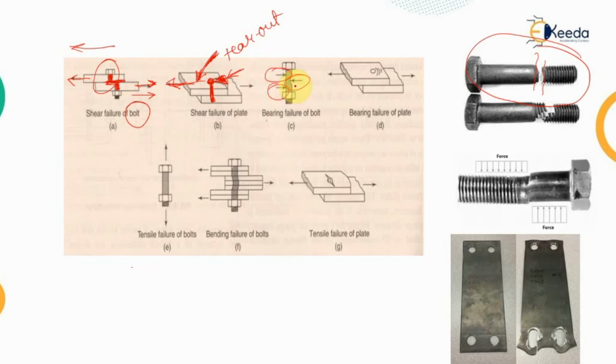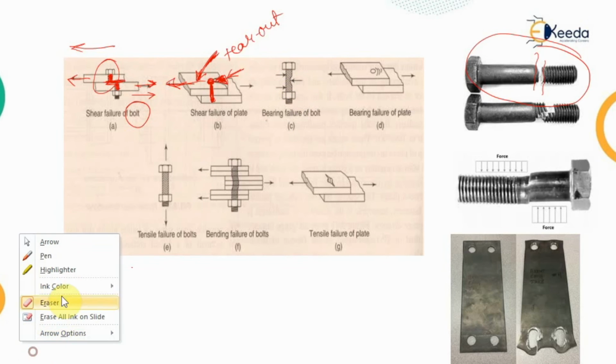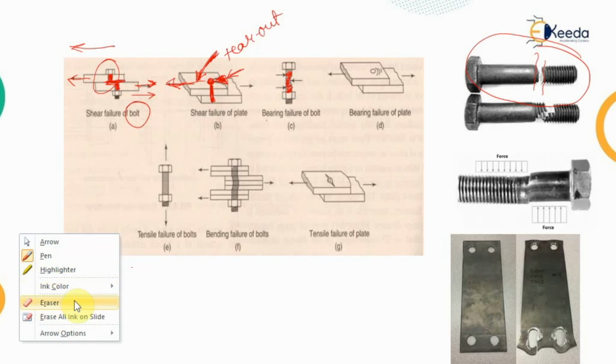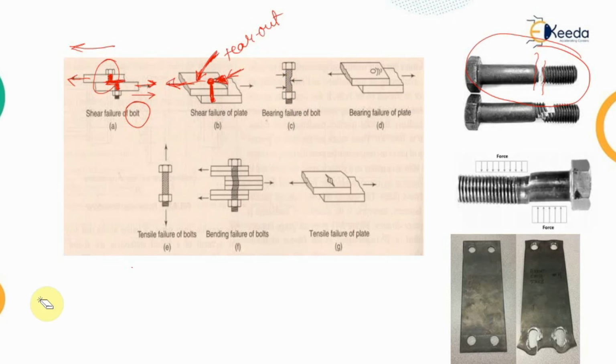Because of that, the bearing area is varying, and therefore the bearing failure of the bolt will take place. That means the anomaly will be there, and because of that, the area of the bolt will be reducing.